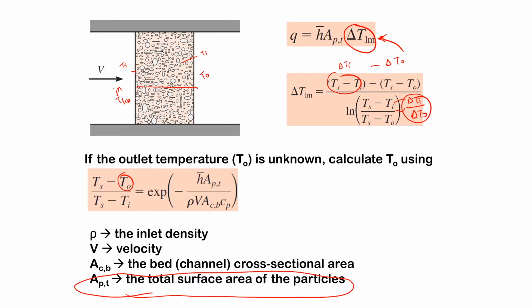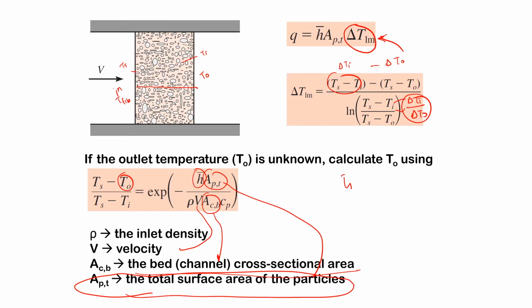Again, here we have two areas. A CB is the cross-sectional area of the bed. V is the incoming velocity. H bar is the average heat transfer coefficient. A PT is the total surface area of the particles. And then we can calculate T out from here.